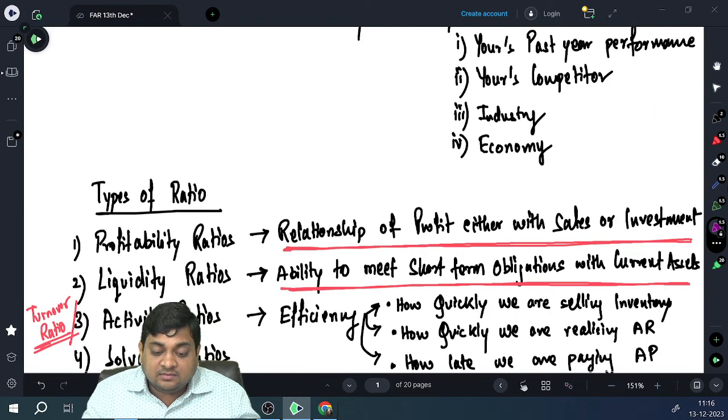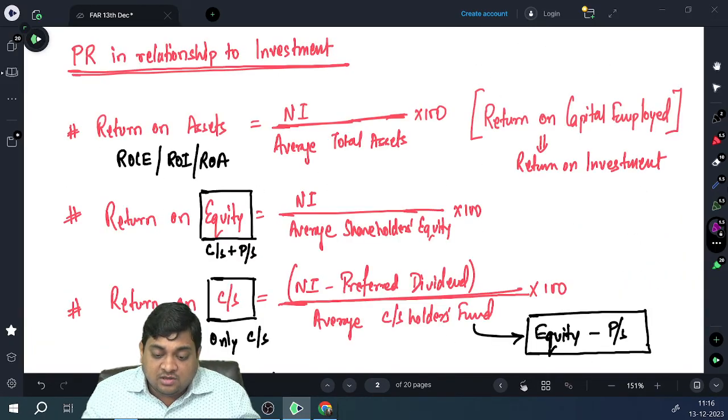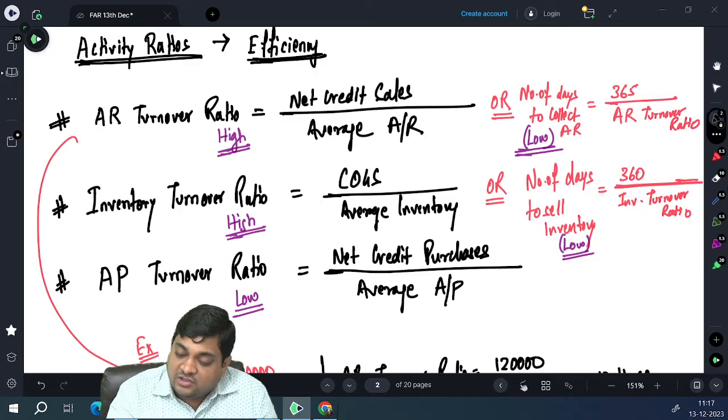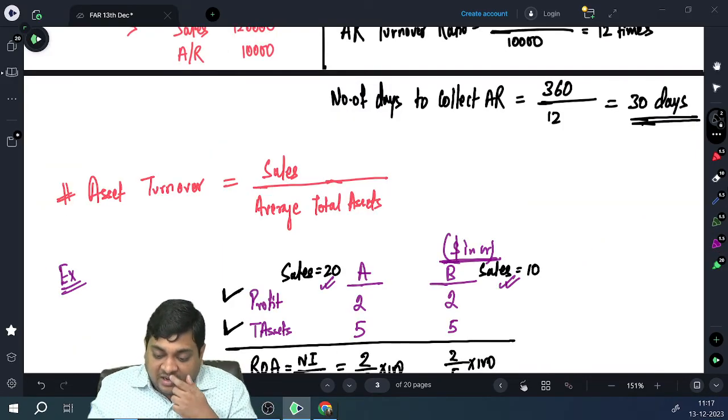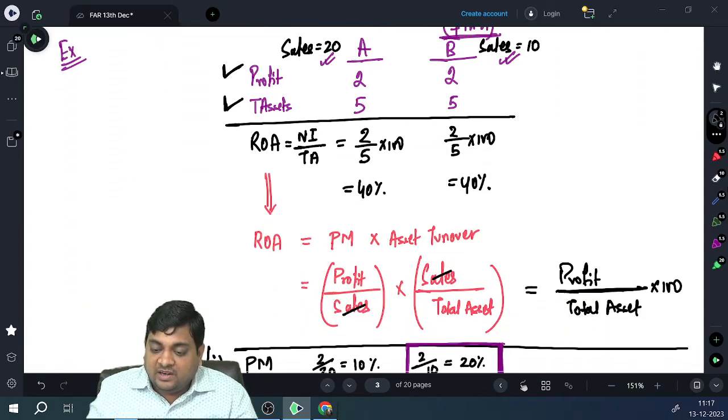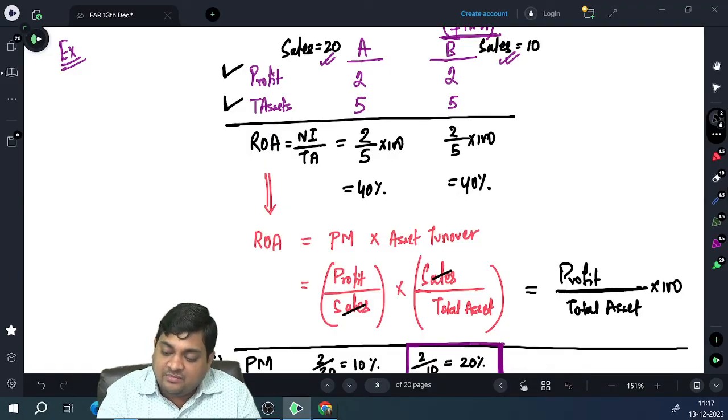We have spoken about profitability ratios, then liquidity ratios, activity ratios, and then some kind of connection with profitability and activity, right? From the investor's point of view, it is the same. The investor will be indifferent.